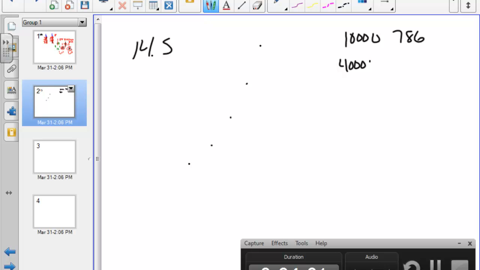A 40,000 element array took 9,192, and a 60,000 element array took 19,299. But if I compare that to merge sort, 40,000 took 170, 205. So it doesn't scale nearly the same way.